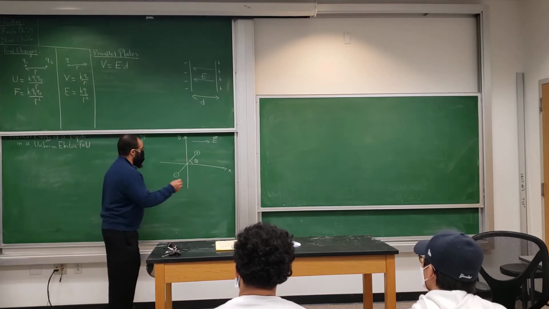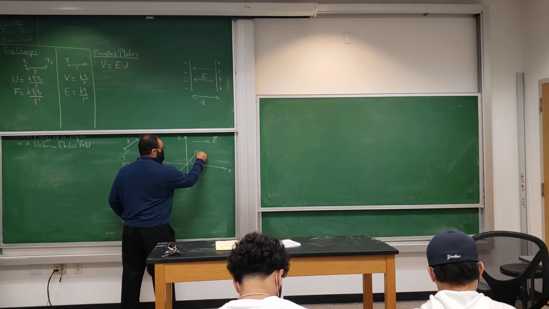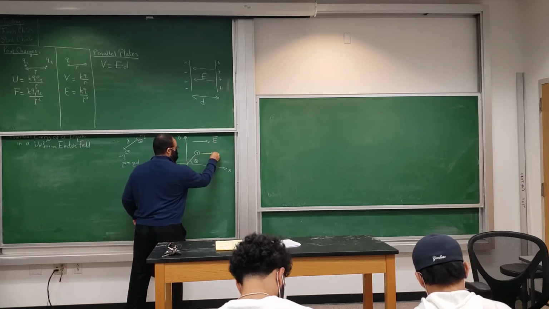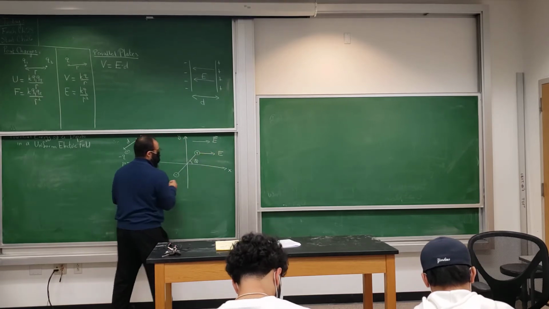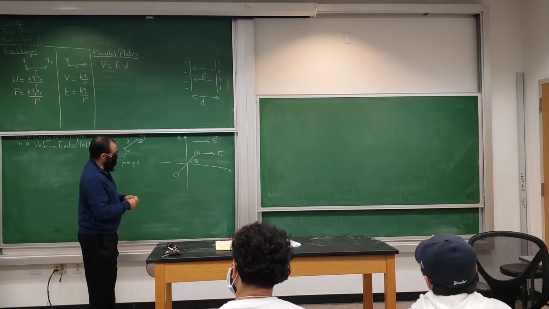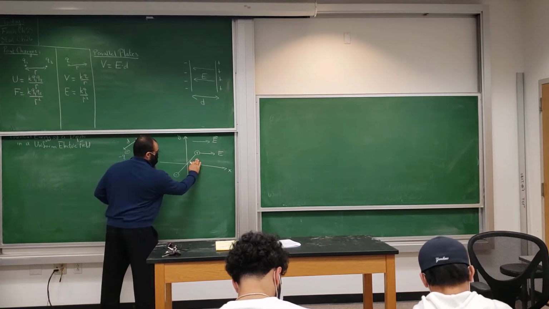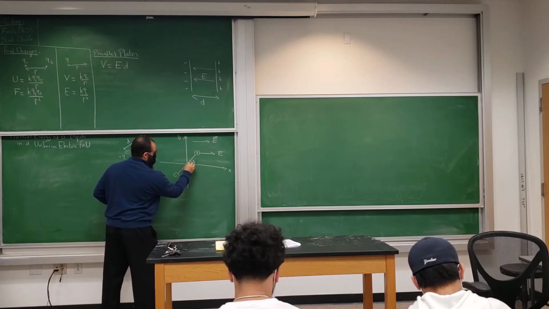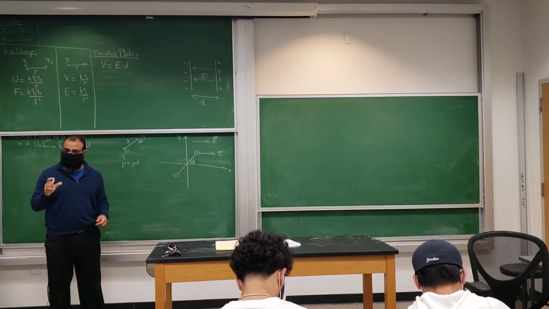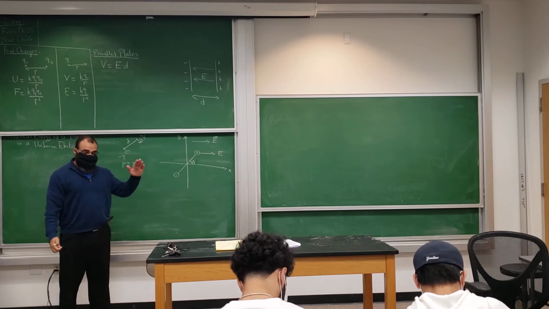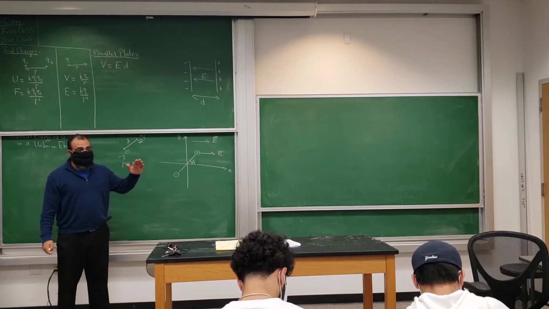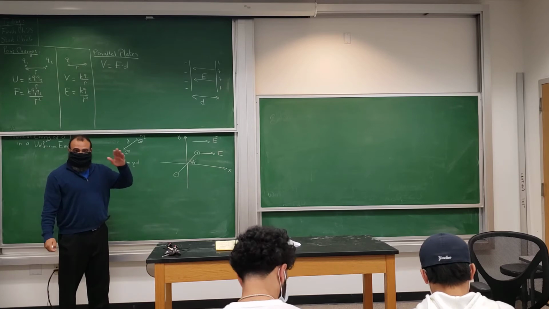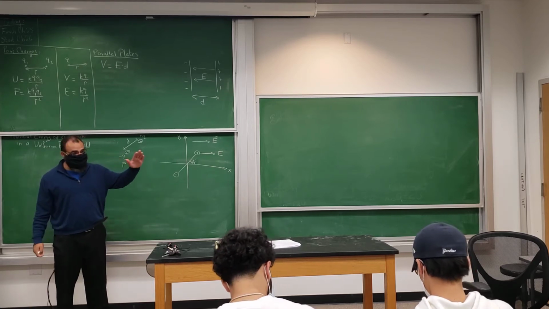I'm going to draw my electric field here. That is the electric field, and the dipole is going to rotate. It used to be here, and it will rotate by a small angle. It's infinitesimal, but you can't see it if it's that small, so I'm going to exaggerate the rotation.